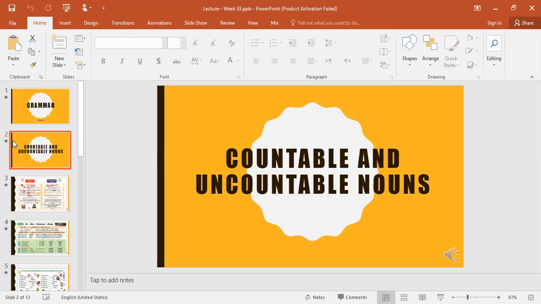Is that we can count it? Very good. We can count it. When I say this thing is countable, it means we can count it. Okay, يعني we are able to count this thing, and we are able to say, for example, we have, for example, 10 balloons, 3 chairs, and so on. So we are able to count that.